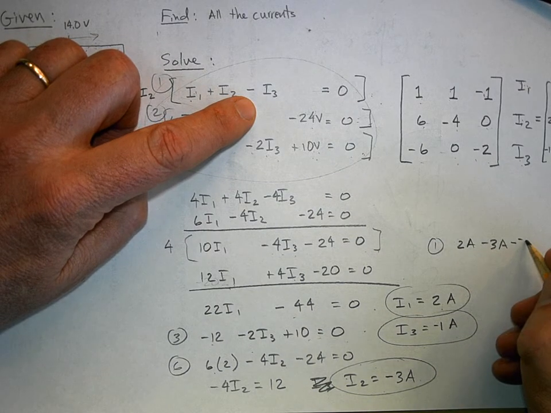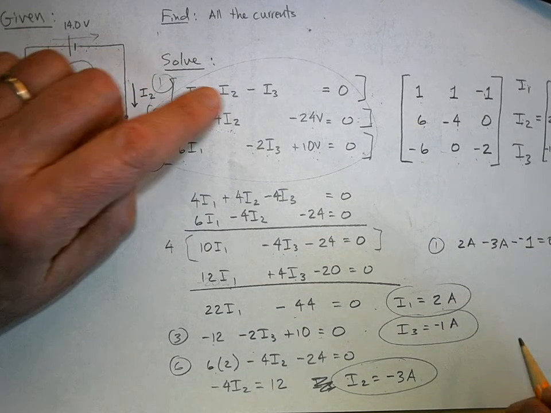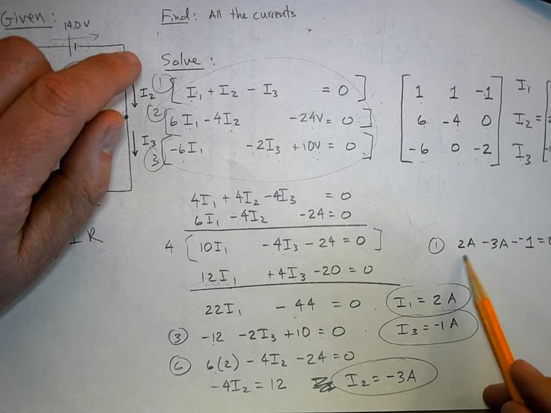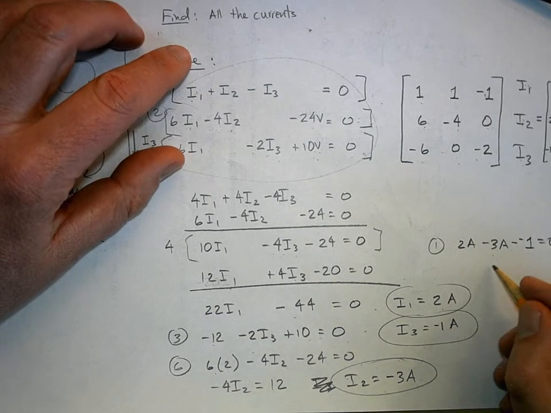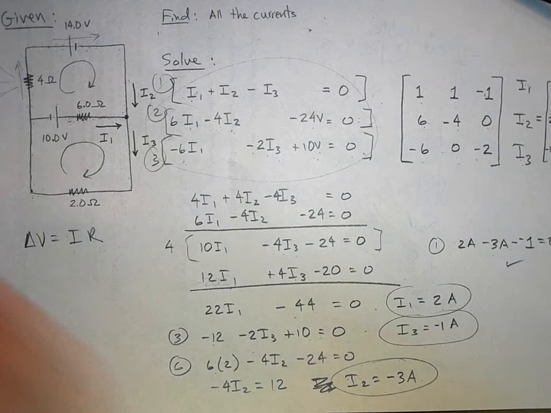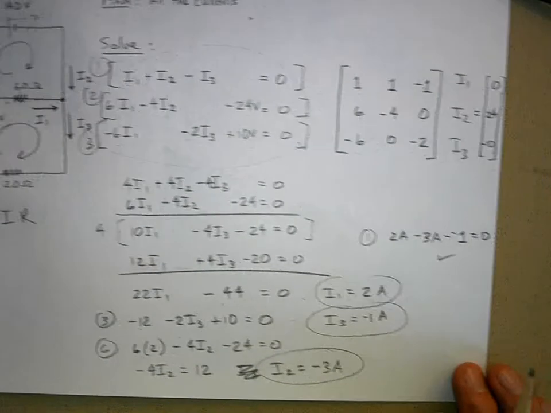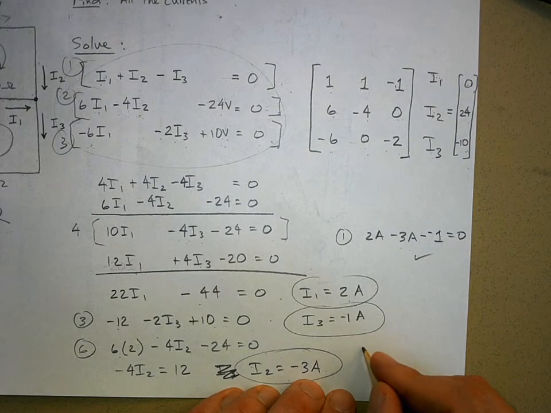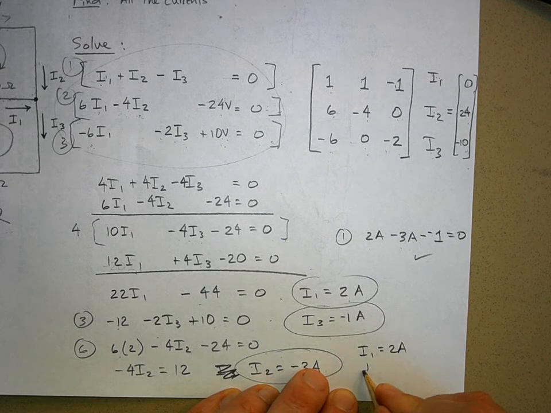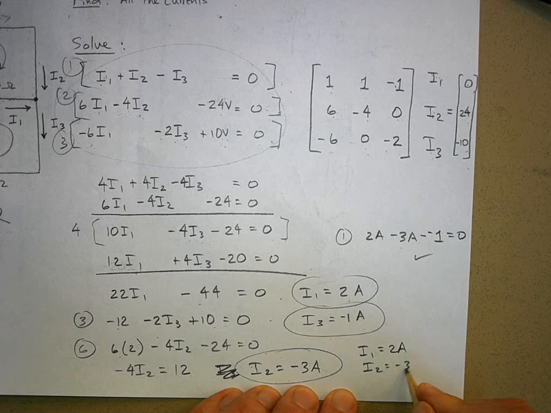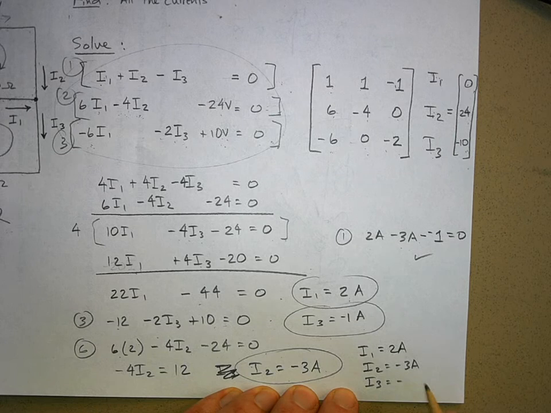Does that equal 0? 2 minus 3 is negative 1, minus negative 1 is 0. Woohoo! Oh, thank you. So my answers are I1 equals 2 amps, I2 equals negative 3 amps, and then I3 equals negative 1 amp.